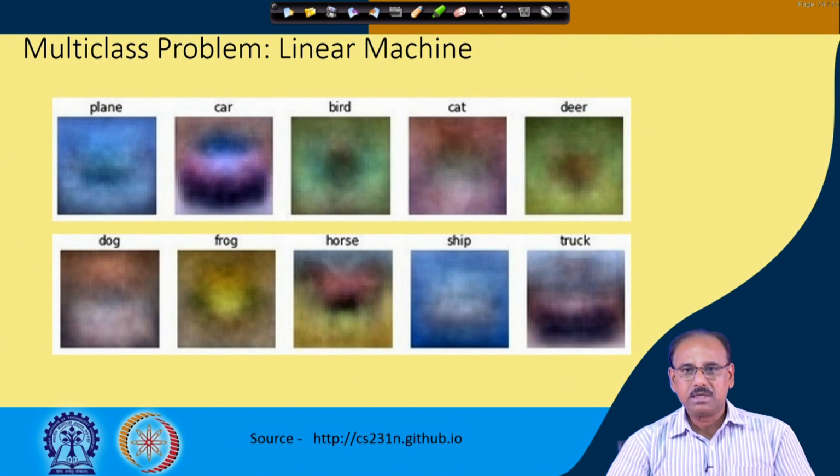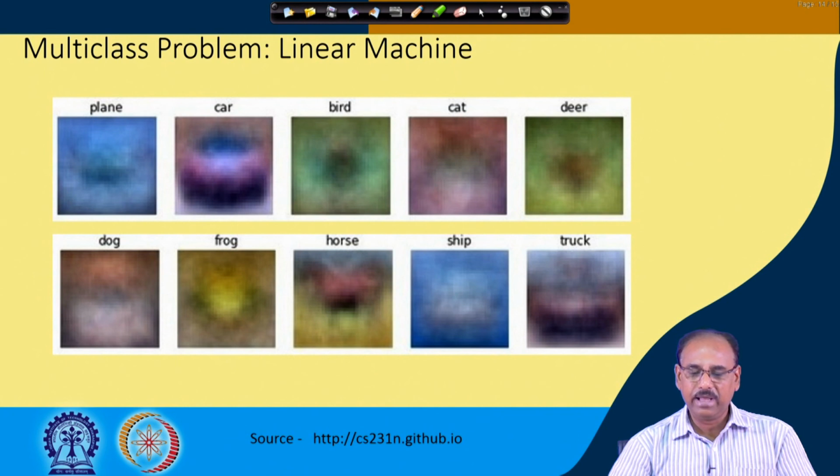In fact, in the CIFAR-10 database, when you train the linear classifiers, you can see the different categories which the database contains: plane, car, bird, cat, deer, dog, frog, horse, sheep, and truck. Once the linear machine is properly trained, if you fold the vectors of your weight matrix W back to form an image, you will find that those vectors represent the templates of these different categories.